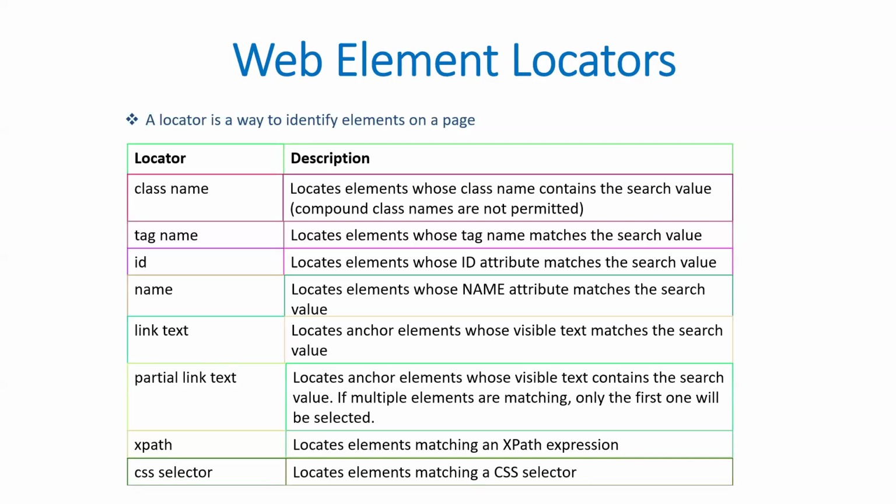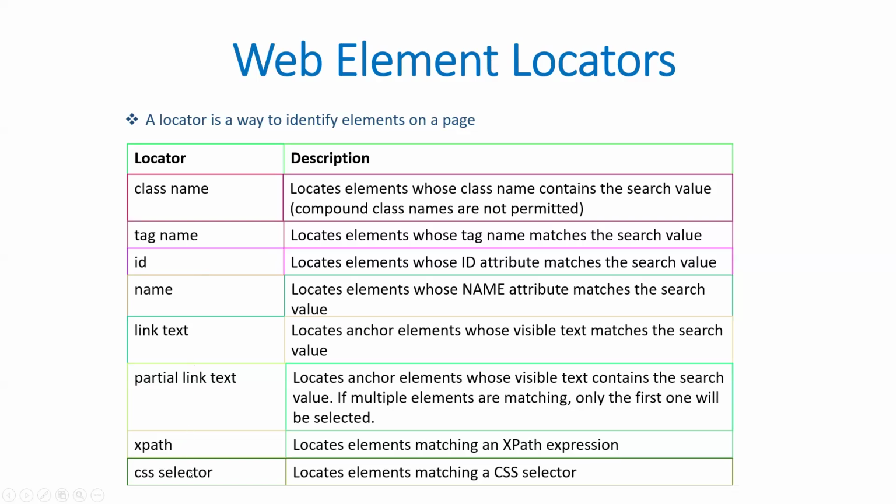That is called CSS selector. So these are all the different locators we can use to identify web elements using WebDriver. Eight locators are there: class name, tag name, ID, name, link text, partial link text, XPath, and CSS selector.